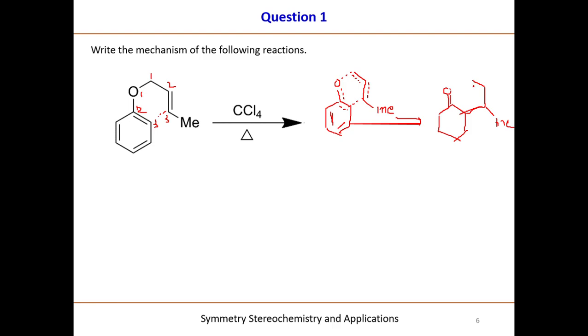So here also a double bond, correct? Now everything else will remain as it is. So this is a product, but this is not the stable product because it is not aromatic. So it will get stabilized by undergoing keto-enol tautomerization to form the aromatic ring.